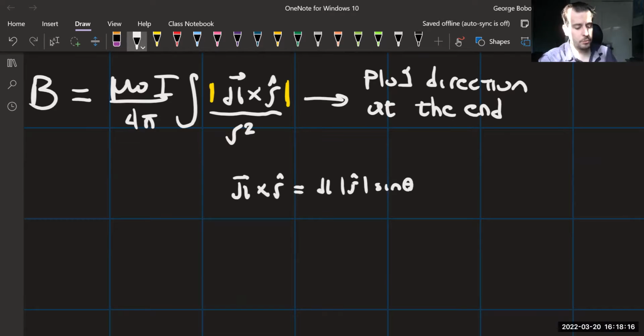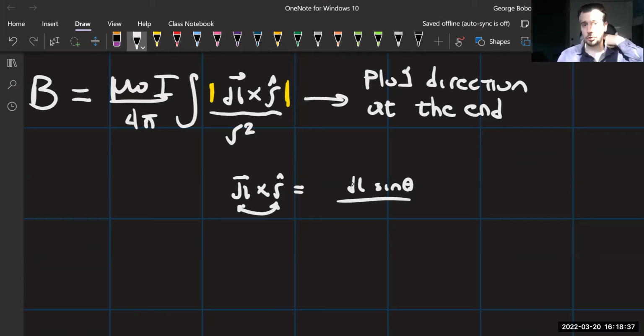All you need to do is figure out what your dL is, and figure out what the size of the unit vector is. Well, that's just 1, so that even goes away, and you're left with this. And the sine theta here is the angle between these two guys. So yes, that's a lot faster than having to express dL as a vector, express r hat as a vector, and do the cross product between them. You know what I mean, right?